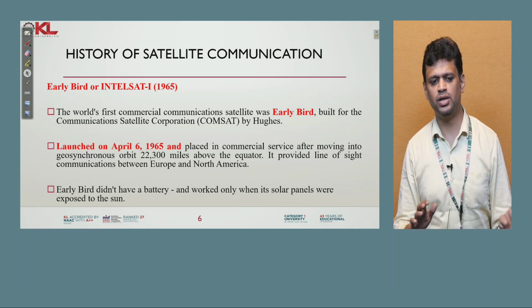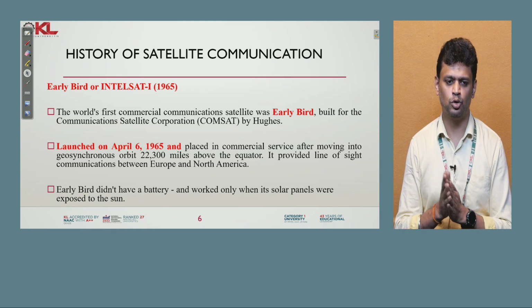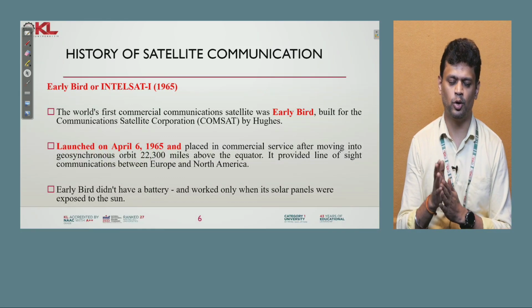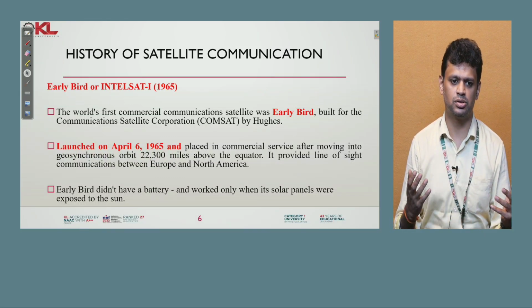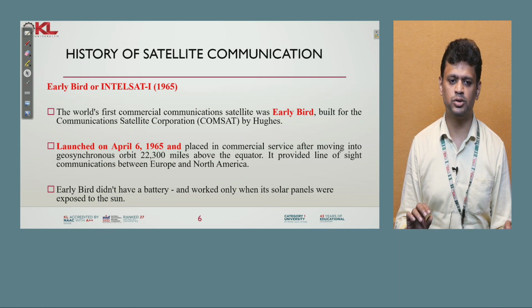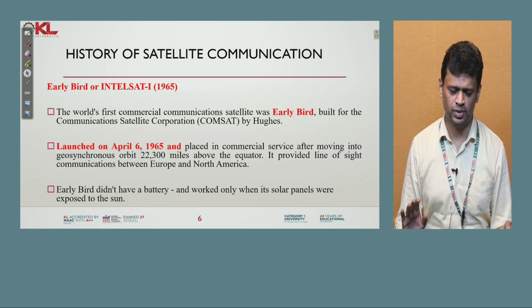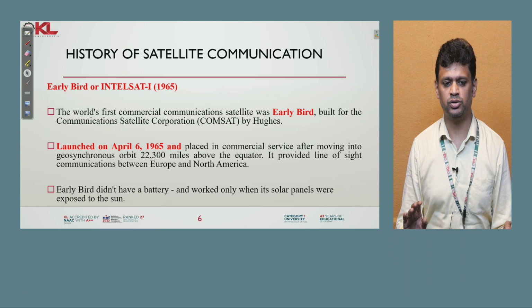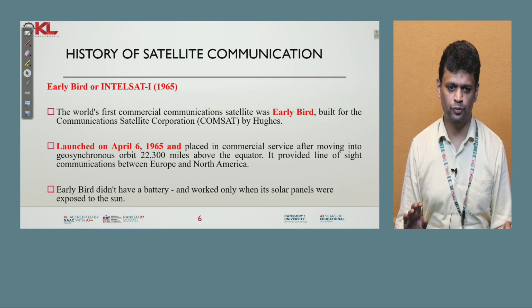We have named various orbits like low Earth orbit, medium Earth orbit and geosynchronous Earth orbit. The geosynchronous Earth orbit is the farthest of all the orbits, located at around 35,000 kilometers from the equator.